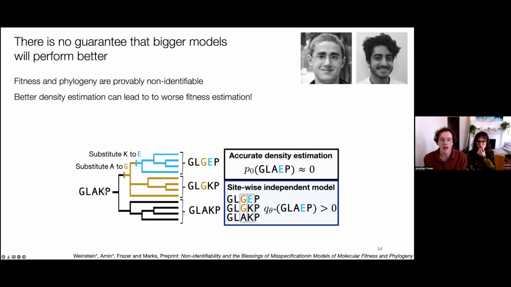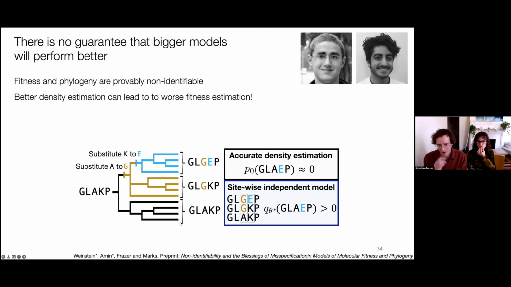However, if the underlying distribution before phylogeny was statistically independent, then GLAEP would be a perfectly fit sequence. So in this situation, a site-wise independent model would make a better inference of the underlying fitness than a superior estimation of the density distribution.